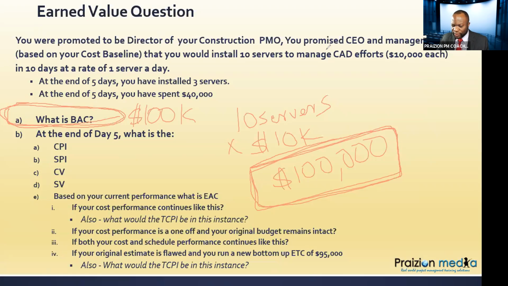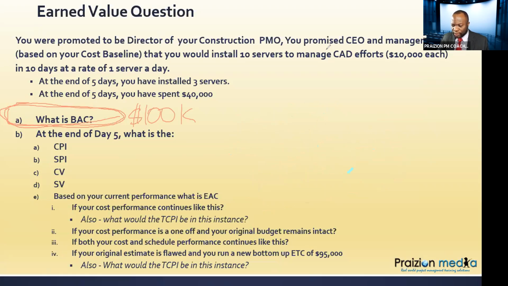Okay. Then it goes further to say, at the end of day 5, what is a bunch of things? So I need to go back to my cost baseline, and I need to understand how the baseline is meant to be spread out. For every question that involves BAC, you want to ask, okay, how should it be spread out?